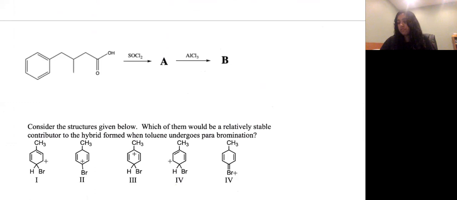Okay, the last two, these are not on the worksheet. I just added them because I went through your quiz and I saw that I haven't done anything like this, so I might as well just do some. But the first one is interesting because it's intramolecular. So in step one, we have SOCl2 again. So what's that gonna give us?